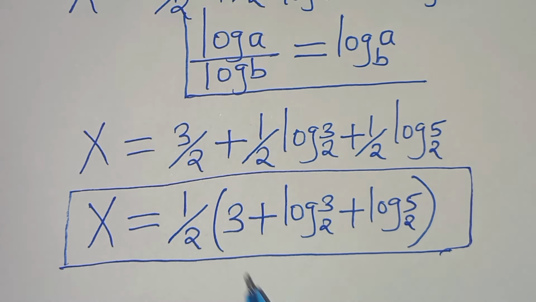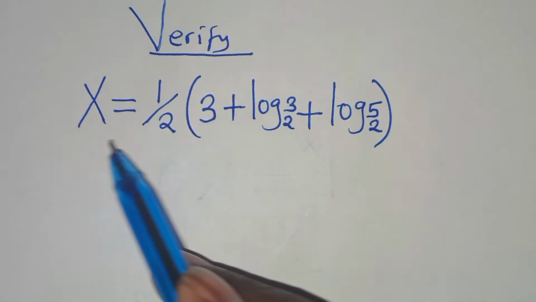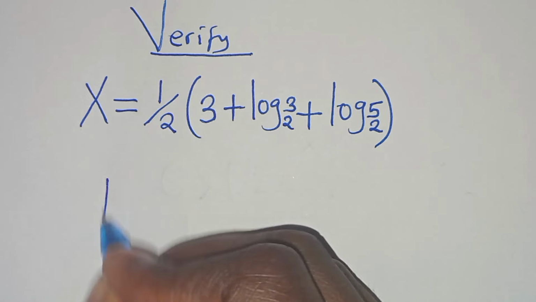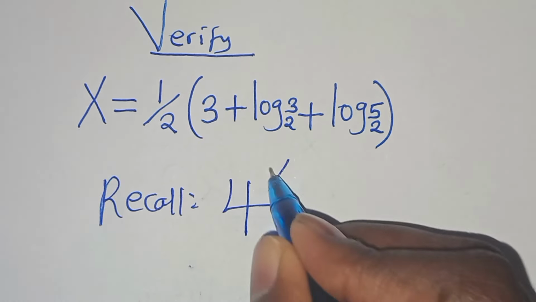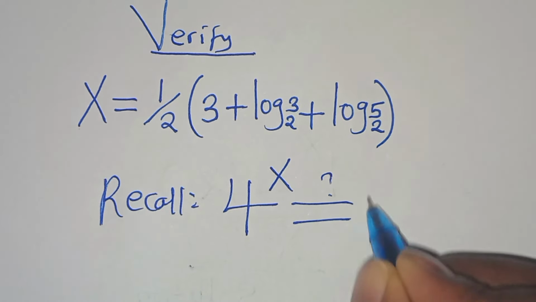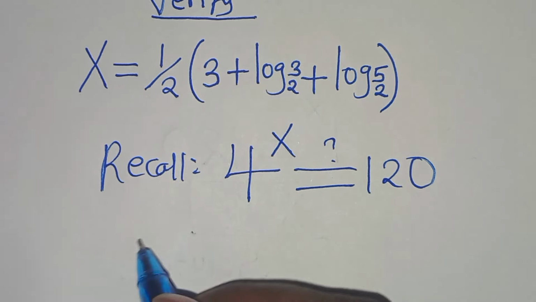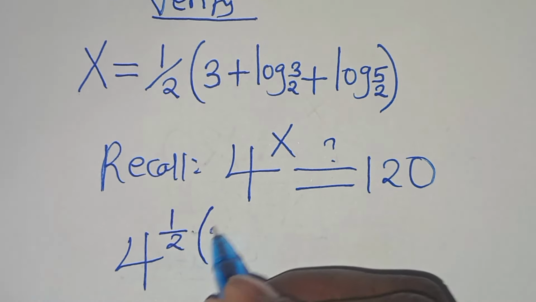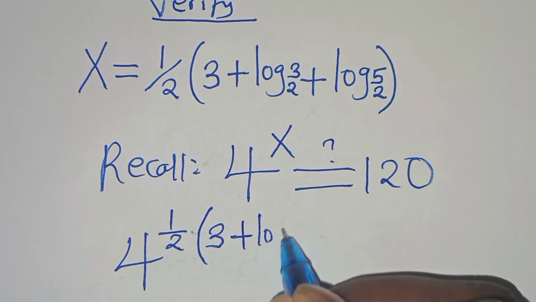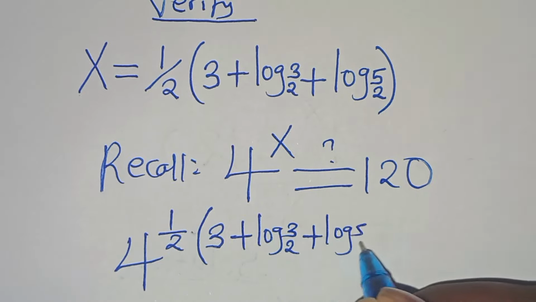The next step is to verify that this value of x satisfies the equation. Now, if you recall, 4 to the power of x is supposed to give us a value of 120. Now let's substitute the value of x so that we have 4 to the power of a half into the parentheses, 3 plus log 3 to base 2, then plus log 5 to base 2.